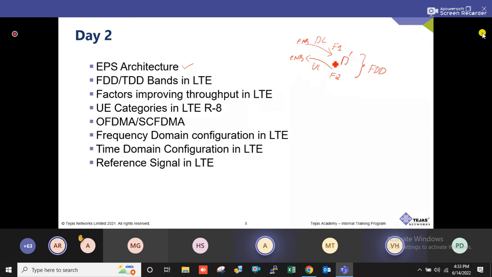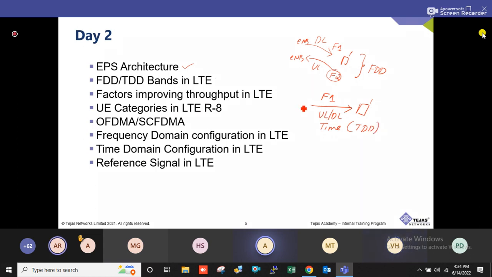Okay, so there is a separate, or we call it symmetric communication, where there is a separate frequency for download and a separate frequency for upload. Now there is one more thing, wherein I have one single frequency, let's say F1, which will be used by a mobile for both uploading and downloading by taking different time, and this is called TDD, time division duplex.